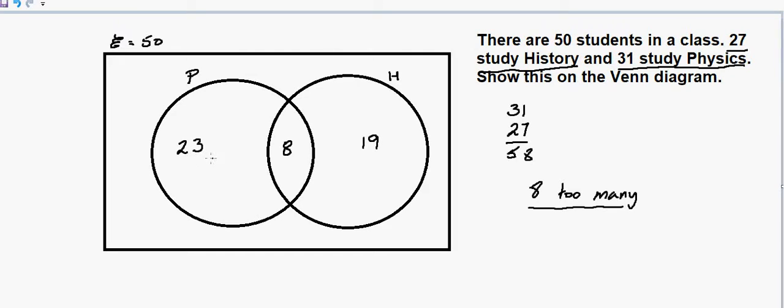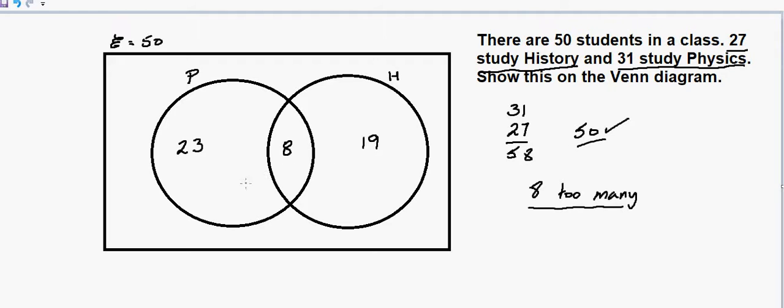So 23 plus 8 gives us our 31. So now if I add 23 plus 8 plus 19, you wouldn't have to do this, but I'm just doing this to show you. 23 plus 8 we know is 31, and 31 plus 19 does give us the 50 students.